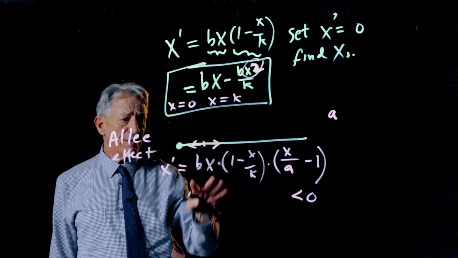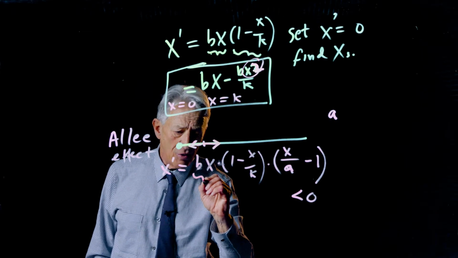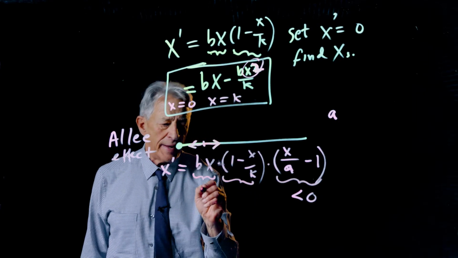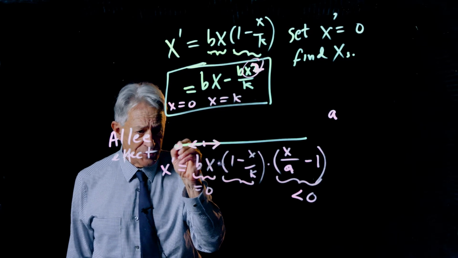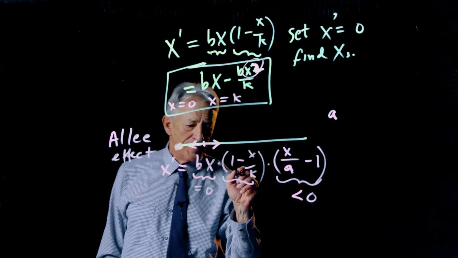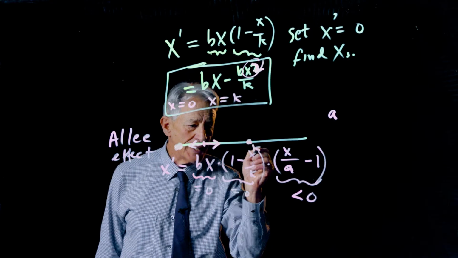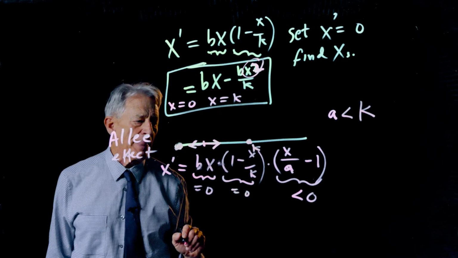And we now have 3 equilibrium points in this system because this is a product of 3 terms. And this can be 0 when x is 0. This can be 0 when x is equal to k. And now I'm assuming that a is less than k.